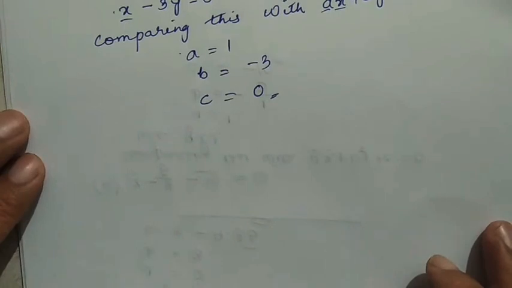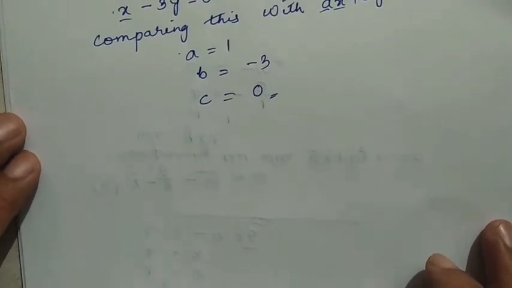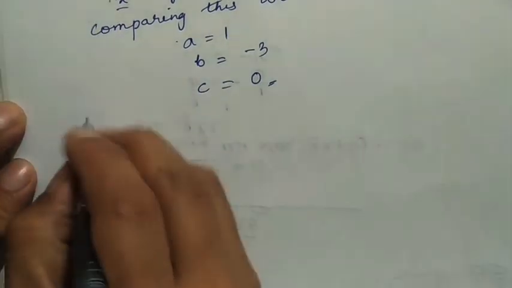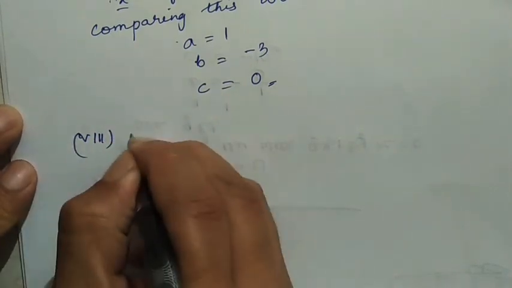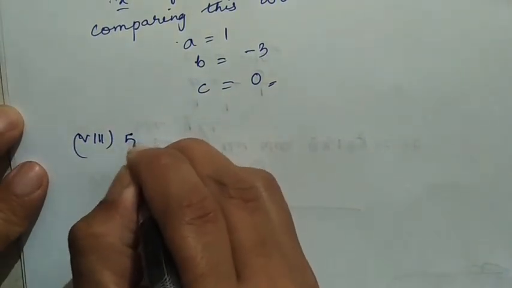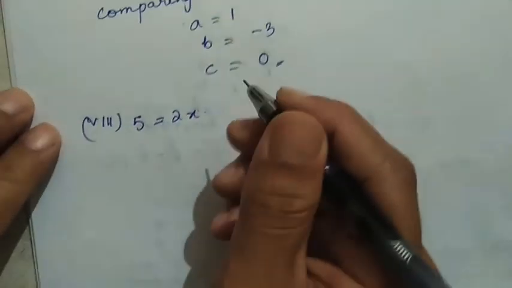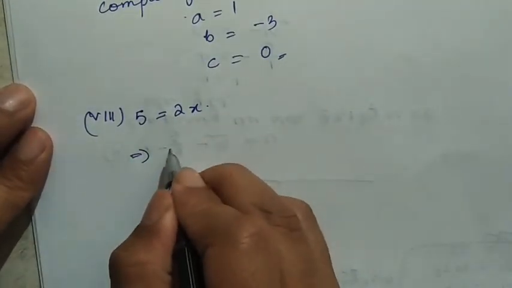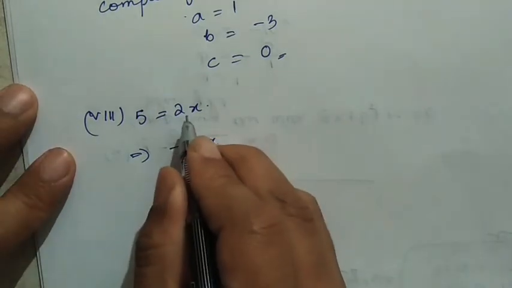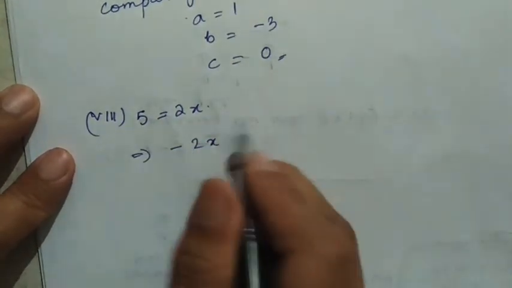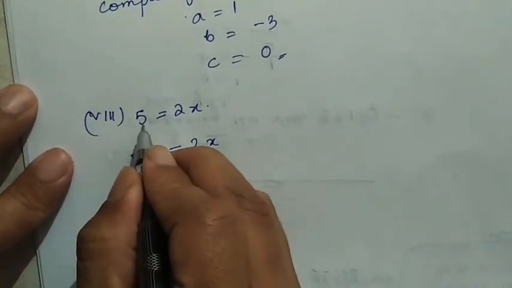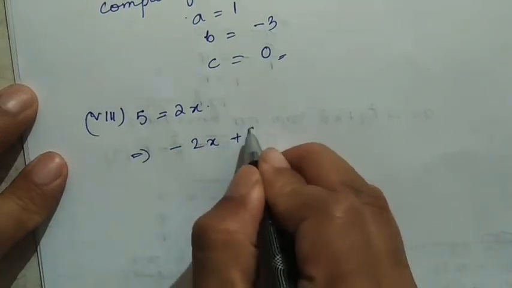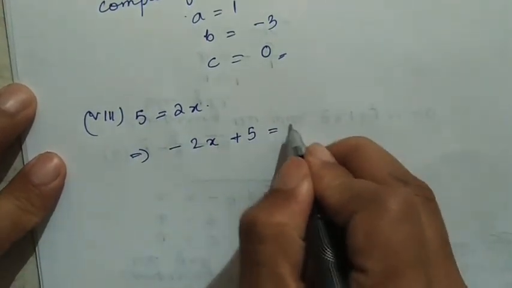Now we'll do one more, which is number 8. 5 is equal to 2x. Now 2x is on the right side, so moving it to the left side the plus sign becomes minus 2x, and then plus 5 equal to 0.